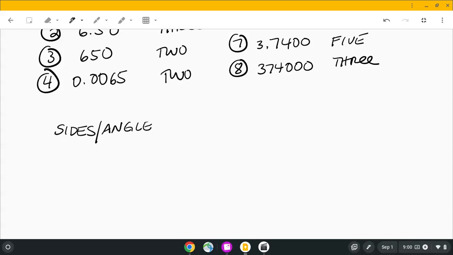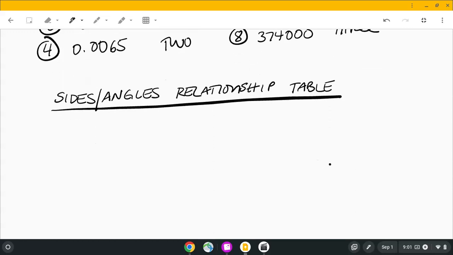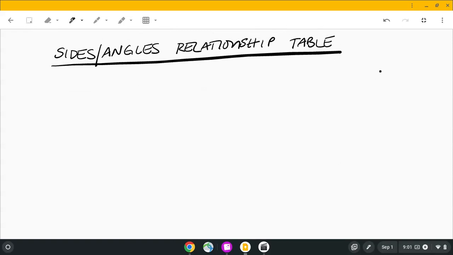Sides, angles, relationship table. The table will probably make more sense once we start to use it.